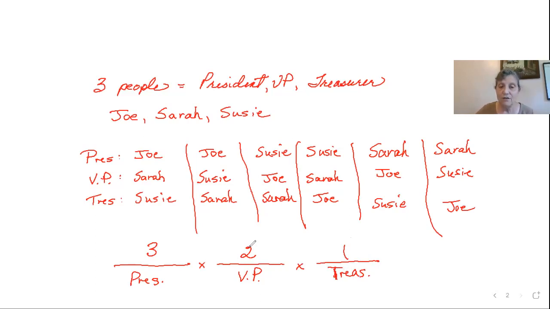And notice if we say 3 times 2 times 1, we do get 6 as our total number of combinations. If repetition is not allowed, you can still get your number of combinations by multiplying.